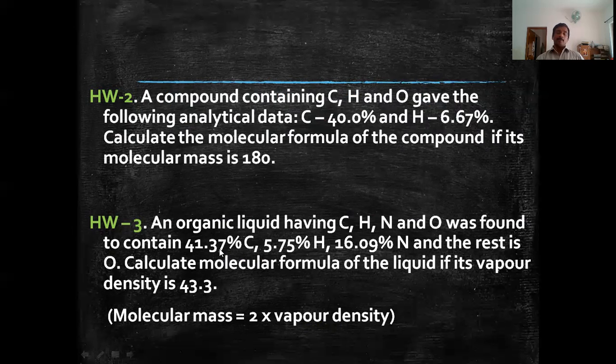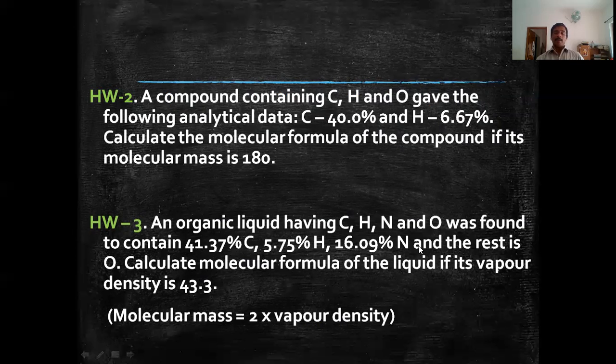In the third question also the same case. An organic liquid having carbon, hydrogen, nitrogen, and oxygen was found to contain 41.37% carbon, 5.75% hydrogen, 16.09% nitrogen. Here also the problem is there.